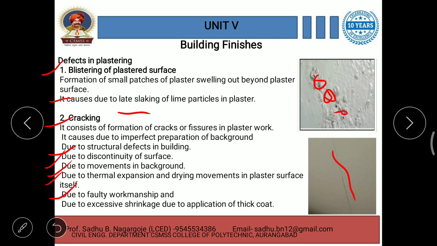All these are the reasons behind cracking in plastering.